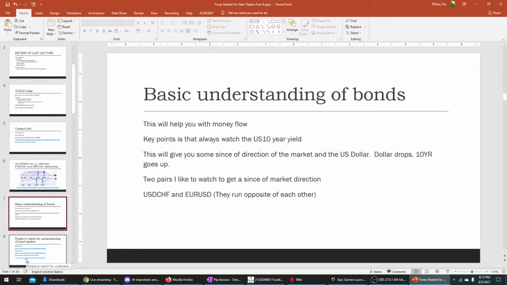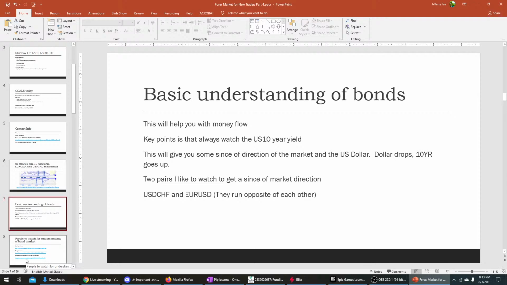Okay, so a basic understanding of bonds. This will really help you with money flow. I always point this out every time and make the correlation: you need to watch the 10-year yield. It gives you a sense of direction with the market and the dollar. The dollar drops, the 10-year goes up, and then I always prefer to watch two pairs.